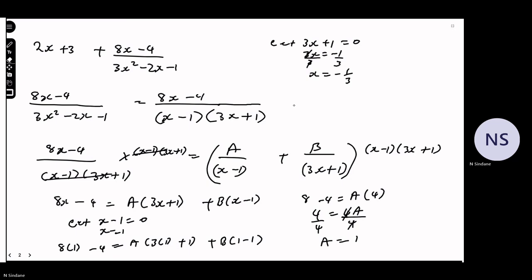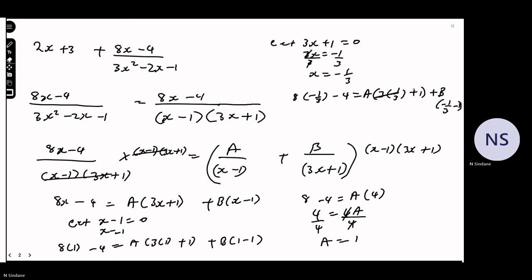I have 8 into negative 1 over 3 minus 4, which equals a into 3 times negative 1 over 3 plus 1, plus b into negative 1 over 3 minus 1.